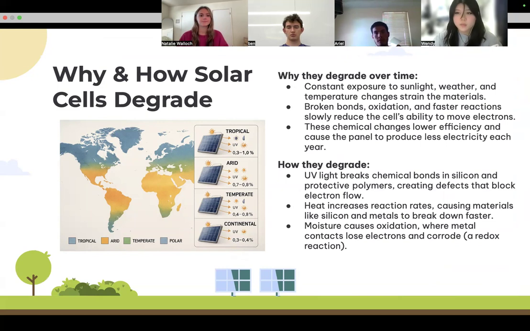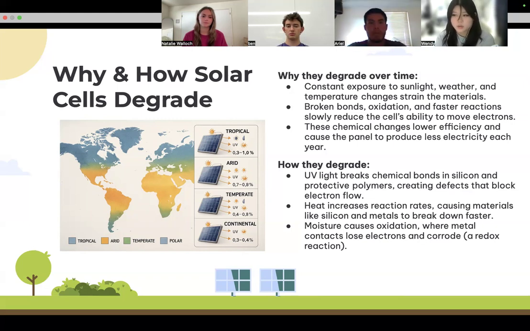Okay, and then for my part, I just wanted to talk a little bit about why solar cells degrade over time and the different types of degradation that actually happen inside the cells. Starting off with why they degrade, solar cells are built to be durable, but constant exposure to sunlight, weather, and temperature changes slowly stresses and wears down the materials.